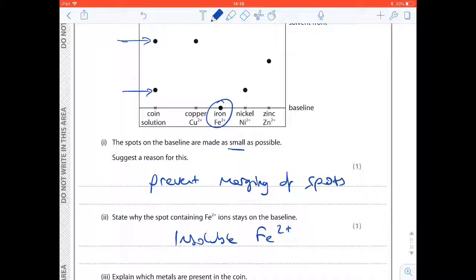In this case, the Fe2+ is insoluble in whatever the solvent is that's being used for the chromatography.